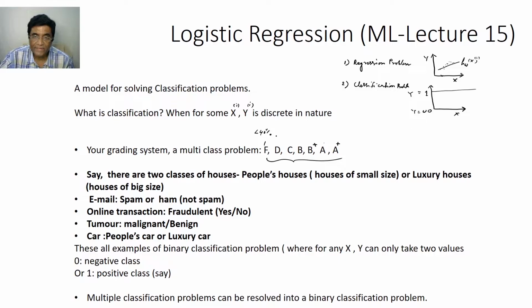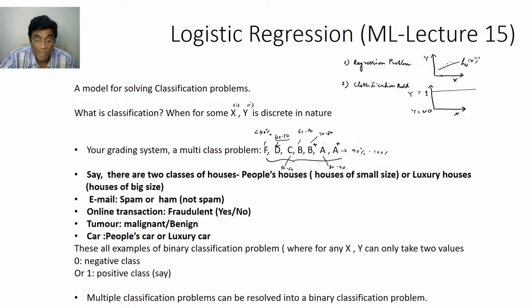Similarly, if somebody is getting 40 to 50% marks, then her class will be D, then 50 to 60, her class will be C, 60 to 70, her class will be B, then 70 to 80, her class will be B plus, then 80 to 90, class will be A, and beyond 90%, up to 100%, A plus.